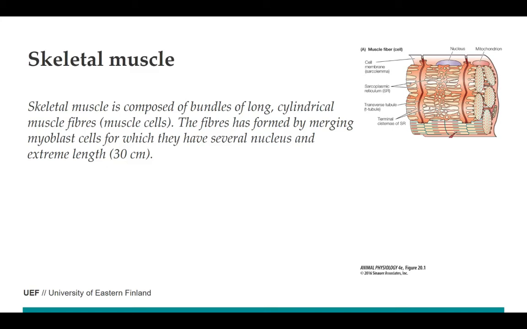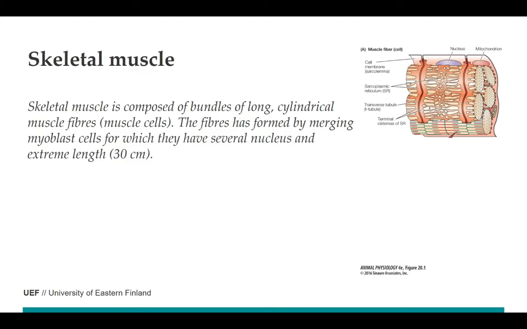But now these are formed by merging hundreds of myoblast cells together. So that's why they can have hundreds of nuclei. And that makes it possible that even these maybe 100 micrometer long cells, when they are merging together, you can make cells that are 30 centimeters long.